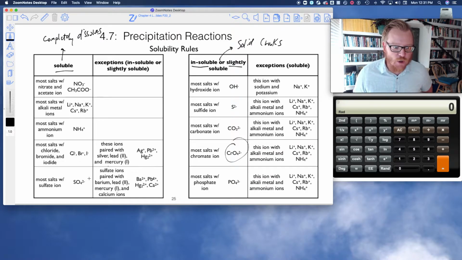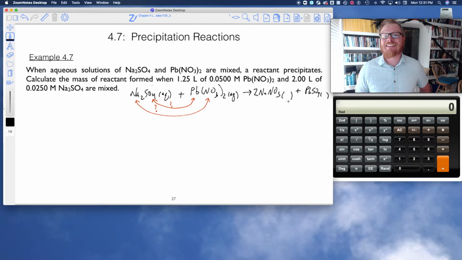So lead sulfate is an exception on the soluble chart. That means it's insoluble, and insoluble means this is the solid, and the sodium nitrate are the spectator ions. So this is the product that we're interested in.